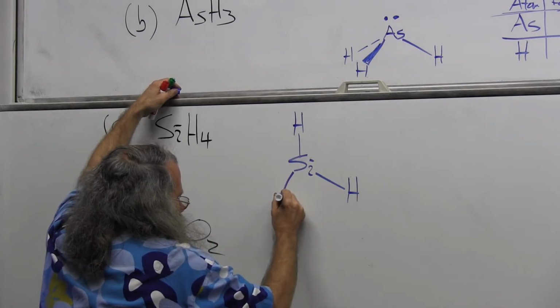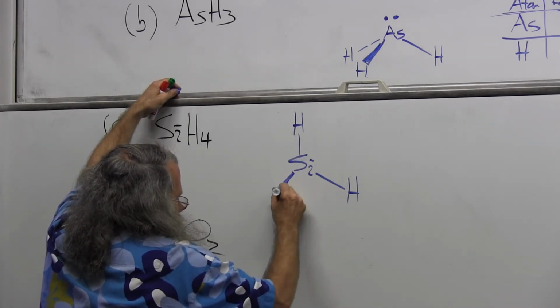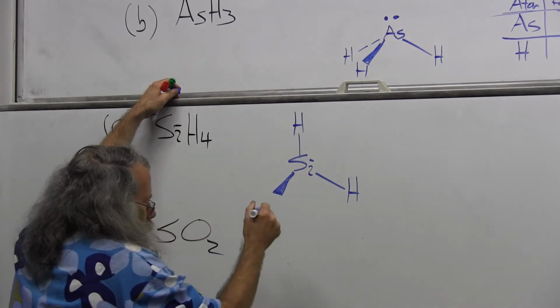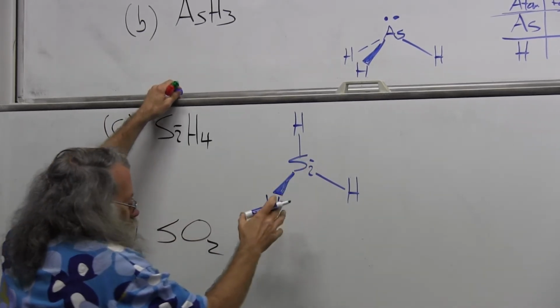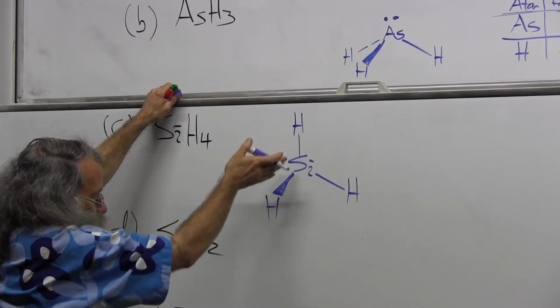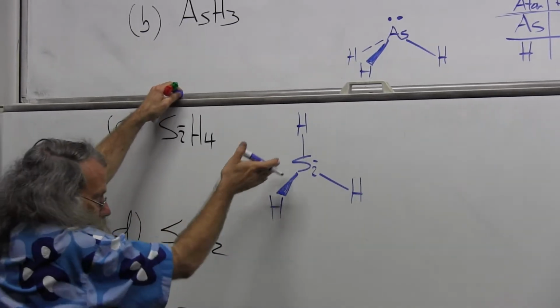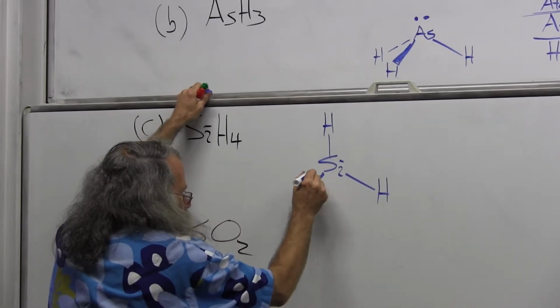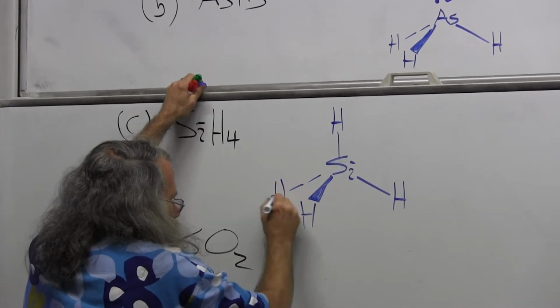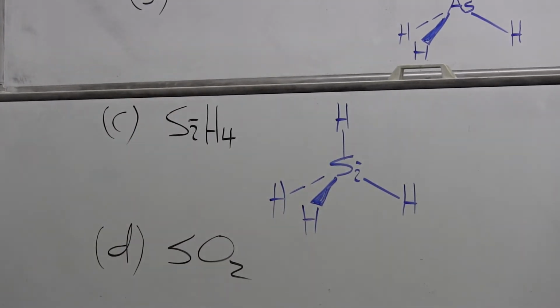And now I'll come out with my wedge to denote the hydrogen that is 109.5 degree angle out in this direction, and my dashed line depicting the other hydrogen. And now I've completely drawn the silane molecule with the proper molecular geometry.